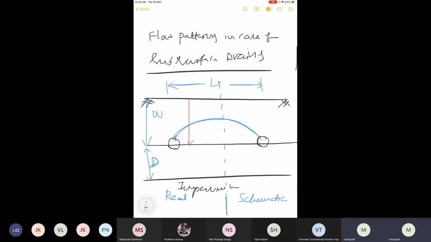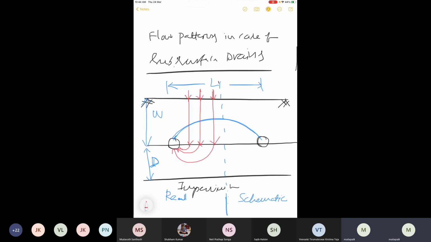Let's say there are three points; this would also go directly from here, and this as well. Once it reaches the drain base, it takes a circular path like this. This is what happens in reality.